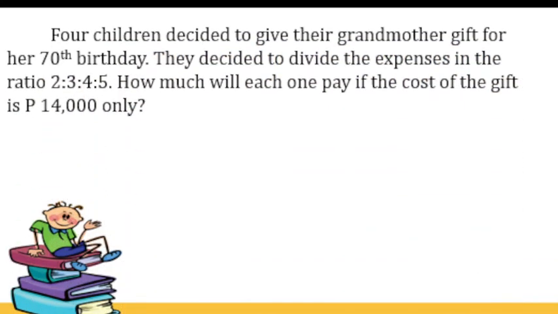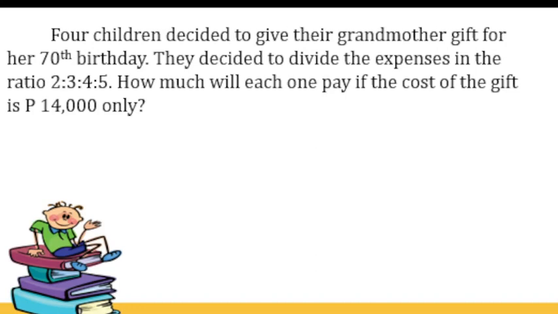Okay, for our last example, let's say the four children decided to give their grandmother a gift for her 70th birthday. Let's say the amount of the gift is 14,000.